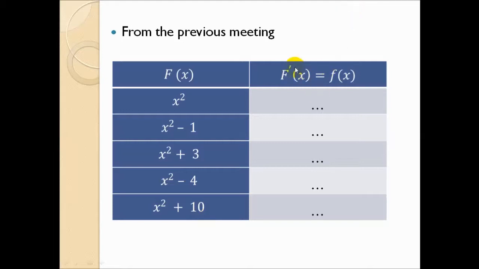The derivative of F(x) is F prime x, which we can symbolize with f(x), using the small letter. The derivative for all of this table is 2x.